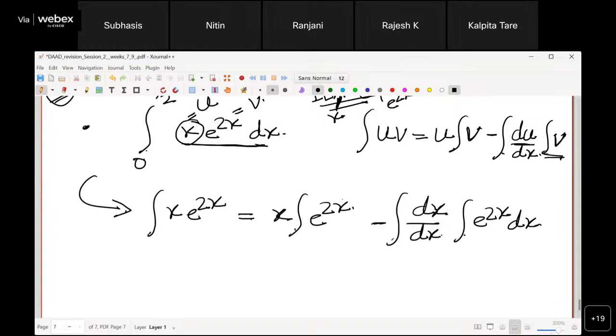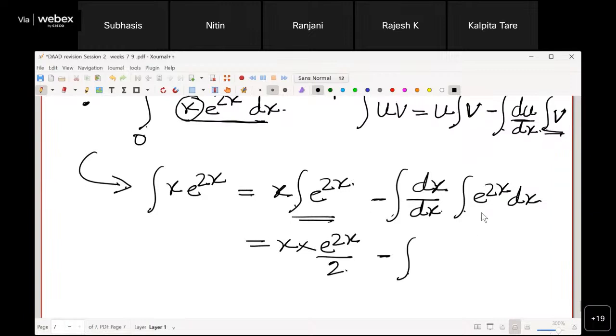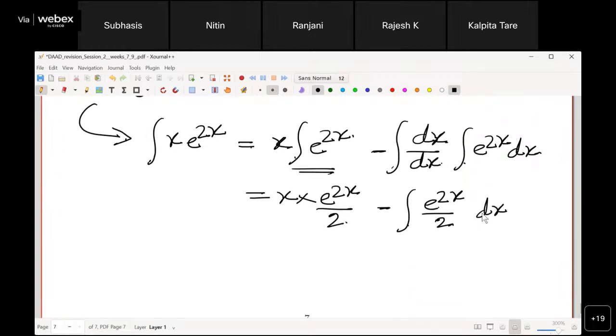So what will be this value? x times e to the power 2x upon 2, minus e power 2x by 2 dx, and again we need to integrate it.